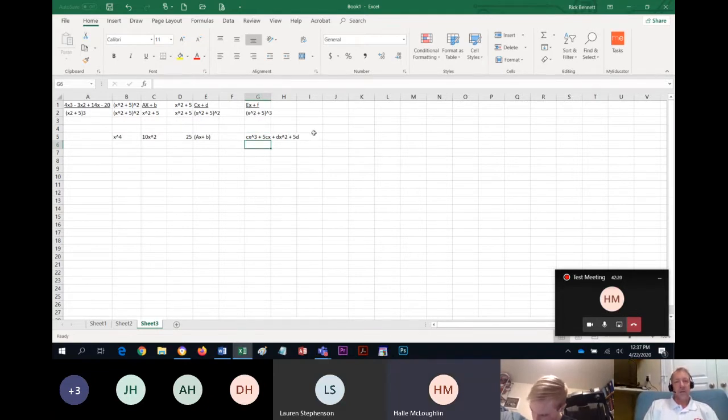And so then the ex plus f doesn't change, so I didn't need to multiply that by anything. Okay. Now I need to multiply this times that. And now I'm going to start putting it into columns. So ax times x to the 4th is ax to the 5th. Ax times 10x squared is going to become 10ax cubed.